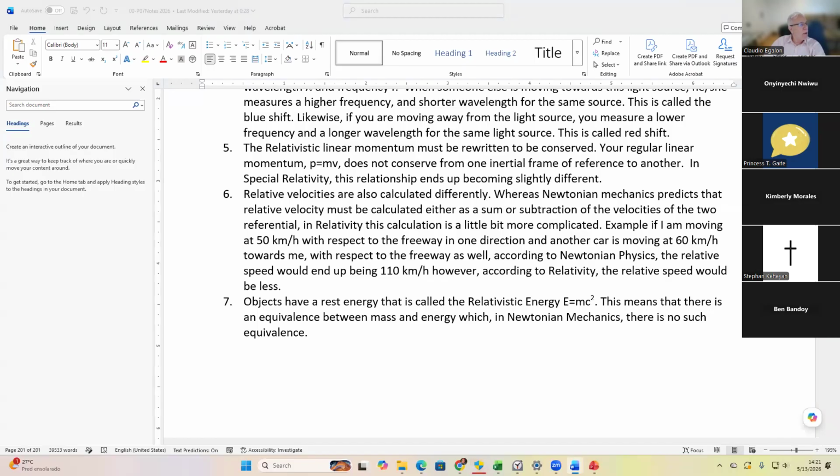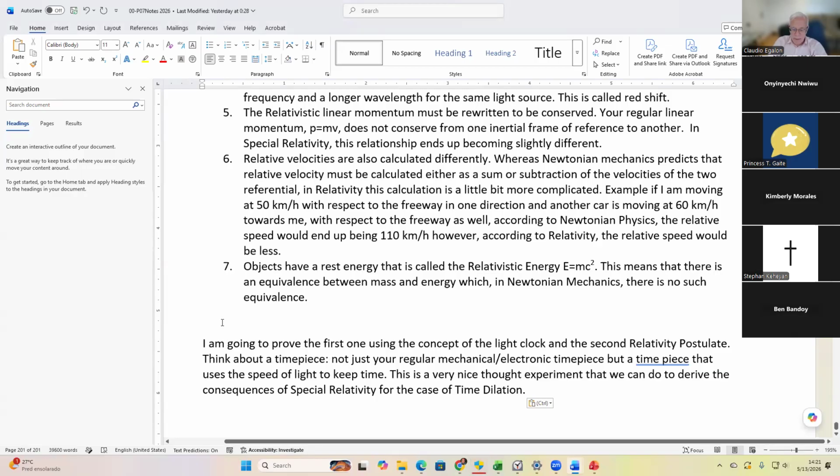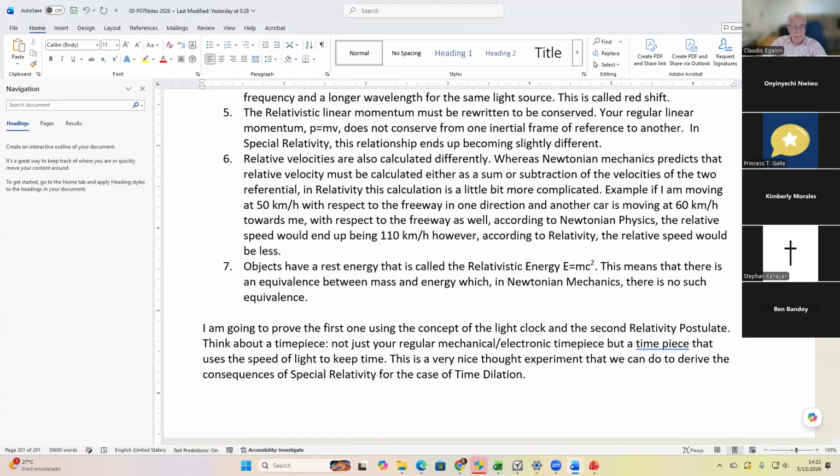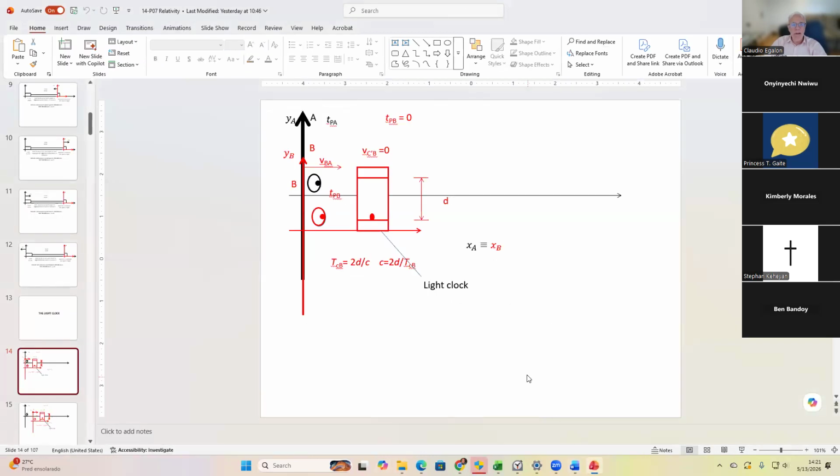I'm going to prove the first one using the concept of the light clock. Suppose that you can build a clock based on light. You have to imagine that. How does the light clock work? The light clock works like that.